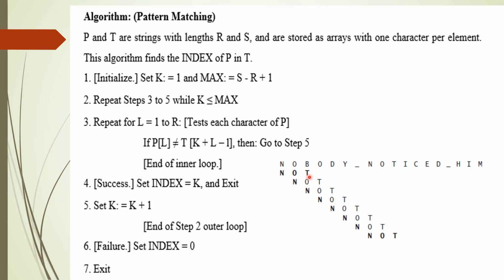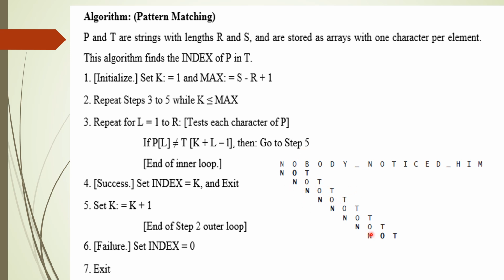The next character of the pattern is T. The corresponding character of the text is B. So T does not match B. There is a mismatch. If there is a mismatch, then you shift the entire pattern string one position right towards the text. Then you start comparing the characters of the pattern with the text again.